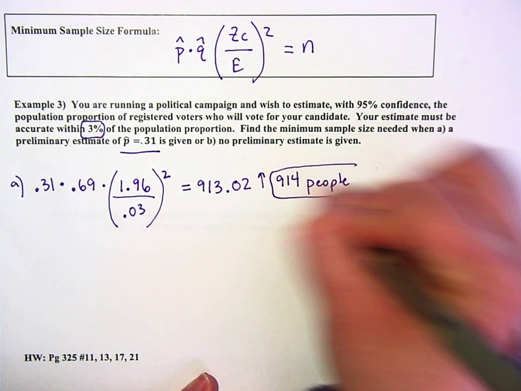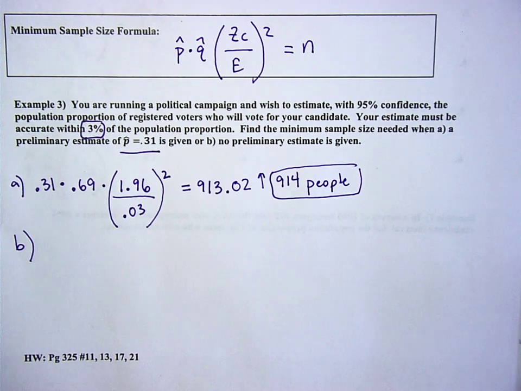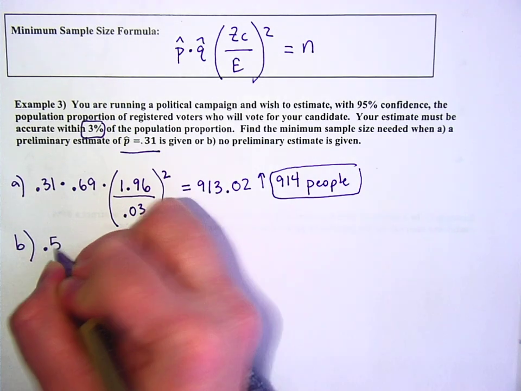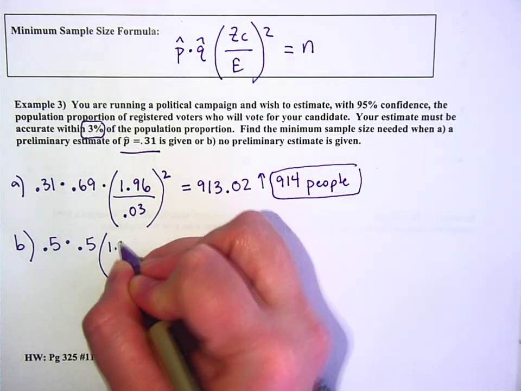Now, let's talk about if we didn't have any preliminary estimate. If we didn't have any preliminary estimate for a p hat, what would we guess that p hat is? 0.5, and q hat then would also be 0.5. Everything else about the formula would stay the same.